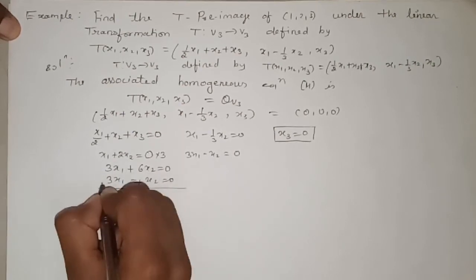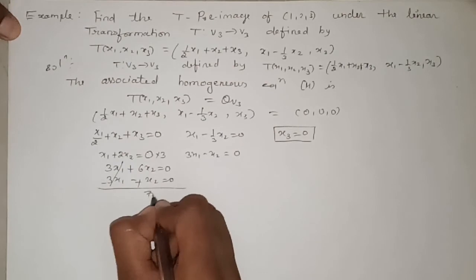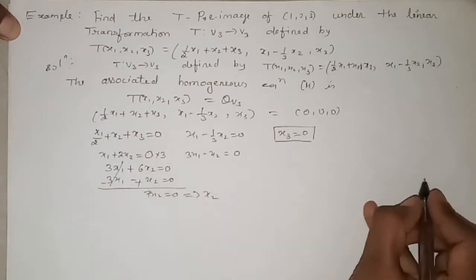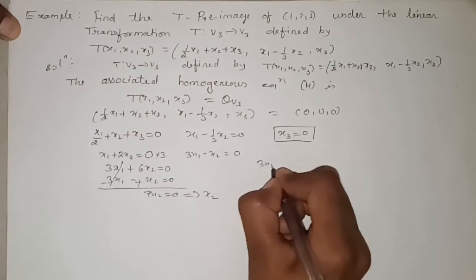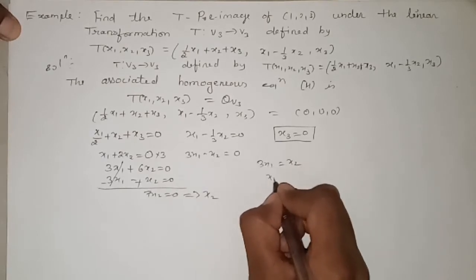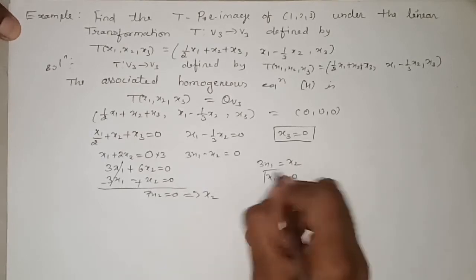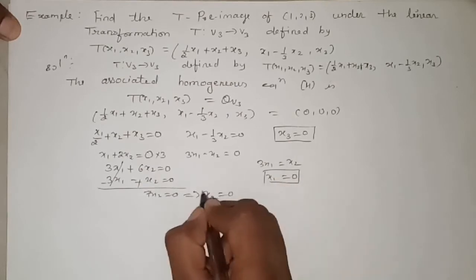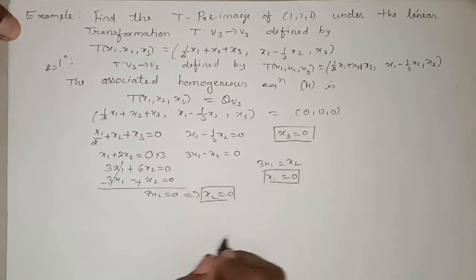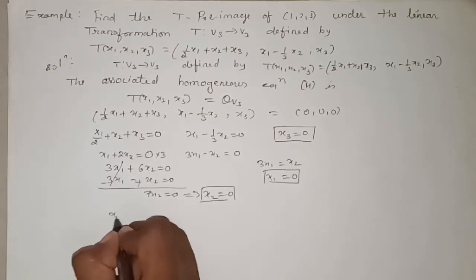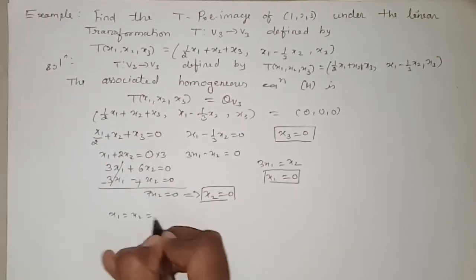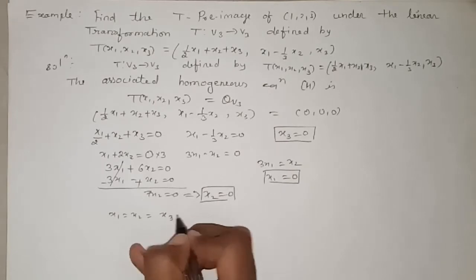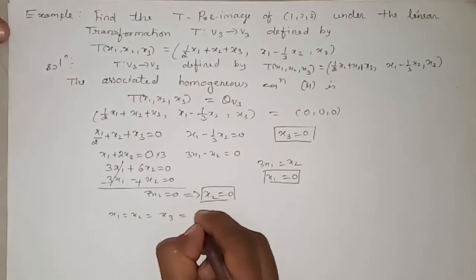On changing sign this gets cancelled, 7x2 is equal to 0. This implies x2 is equal to 0. Now 3x1 is equal to x2, so x1 is equal to 0. Therefore x1 is equal to x2 is equal to x3 is equal to 0.